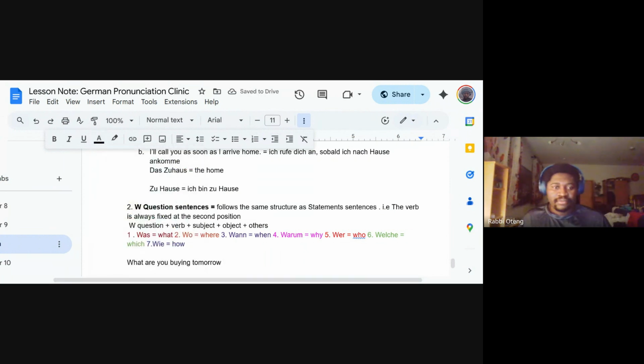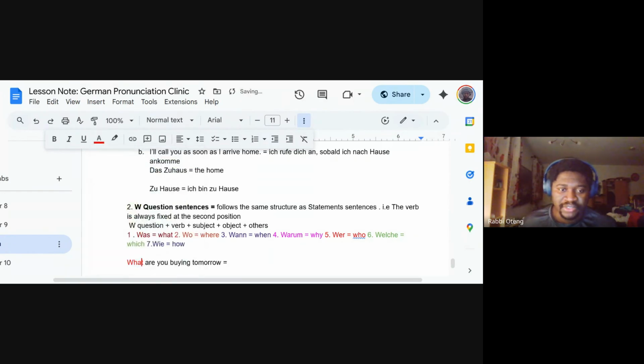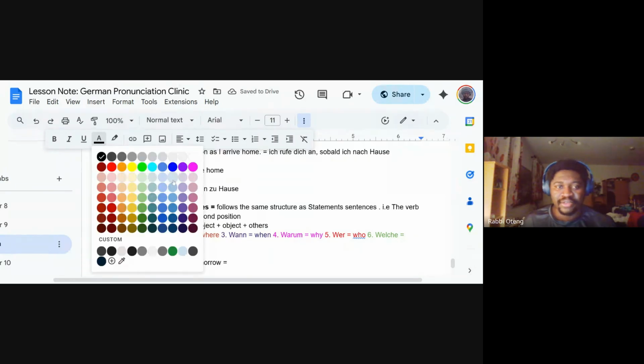So what are you buying? Okay, so we have our subject, our W question, which the rule says is fixed at the first position. Then comes the verb. What's the verb here?